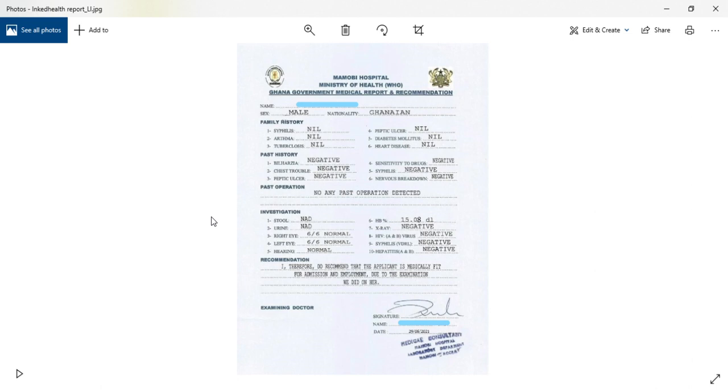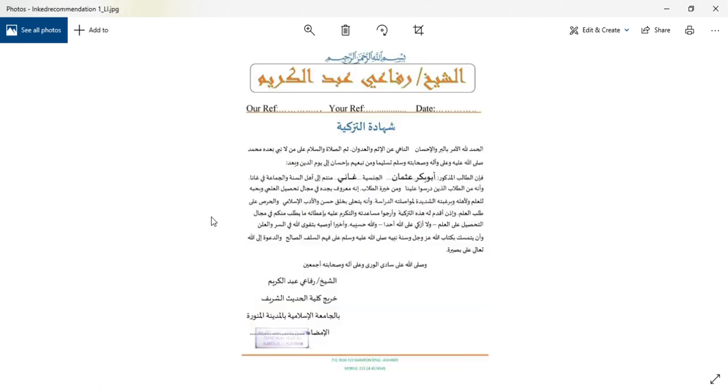Then you get yourself tazkiyat, two recommendation letters. You can get one recommendation letter from your school and one from a sheikh, or just two of them from a sheikh. Just the recommendations you think will help a lot.